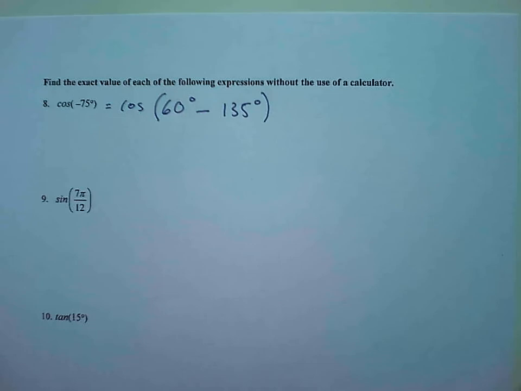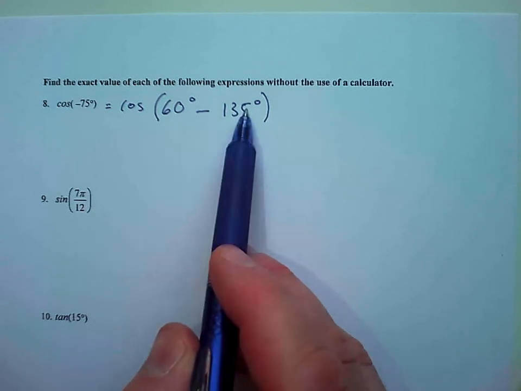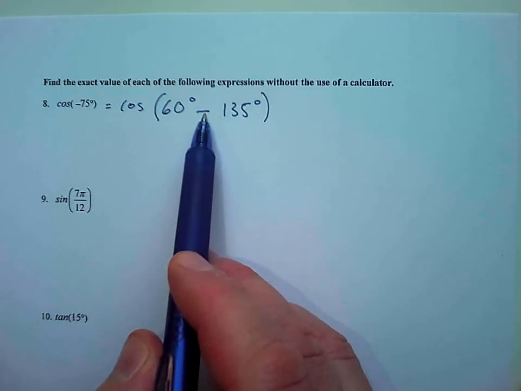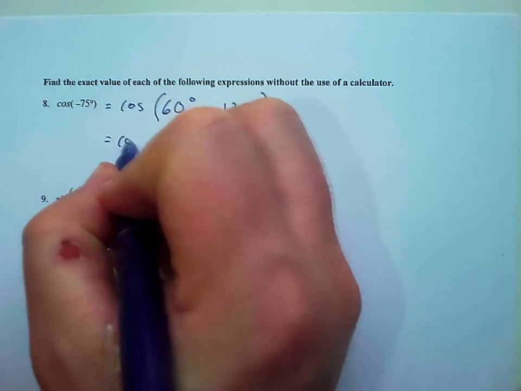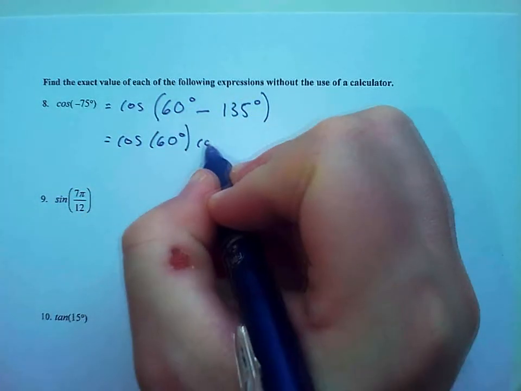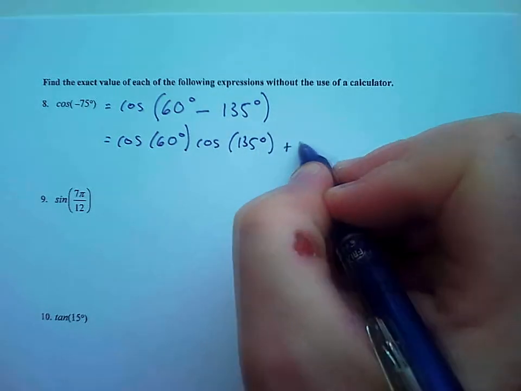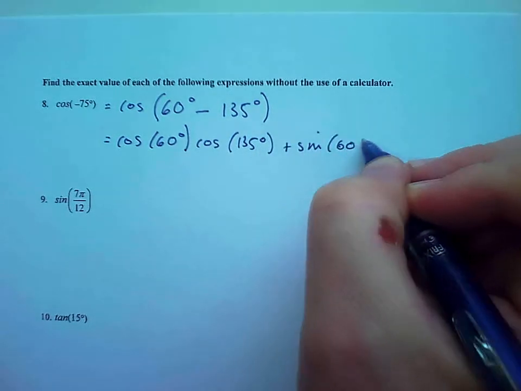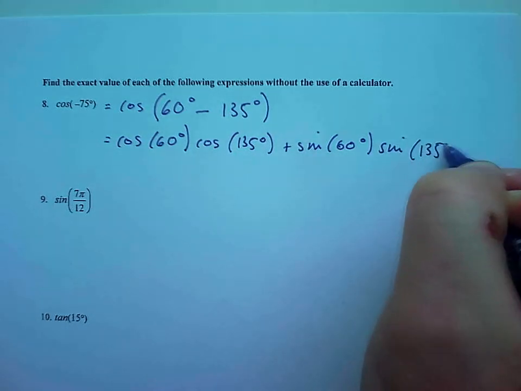So now if we wanted to figure out what this was using the unit circle, well, here we have two angles that are being subtracted, and we're going to take the cosine of all of this. So we can rewrite this then as the cosine of 60 degrees times the cosine of 135 degrees plus the sine of 60 degrees times the sine of 135 degrees.